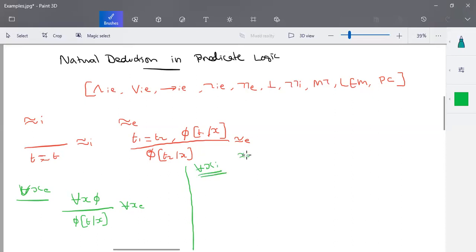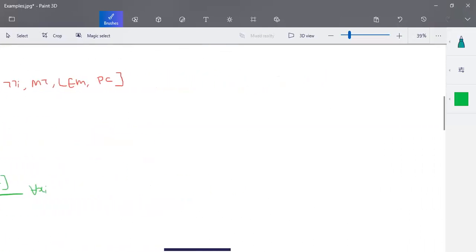We start with some term x naught, and if you are able to derive the formula phi with x naught substituted in place of x, then in that case you can write for all x of phi. So this is your for all x insertion. A bit complicated. I'll show you a few examples later in the videos for understanding this rule.